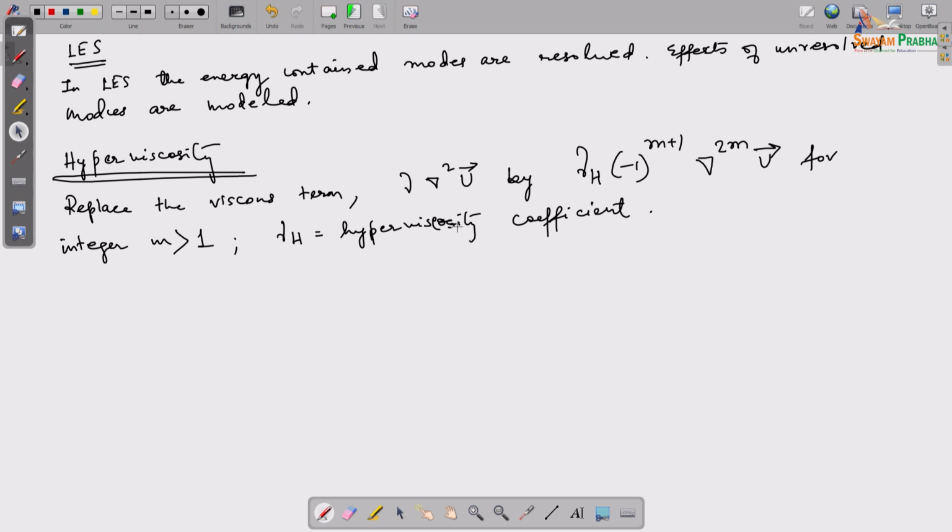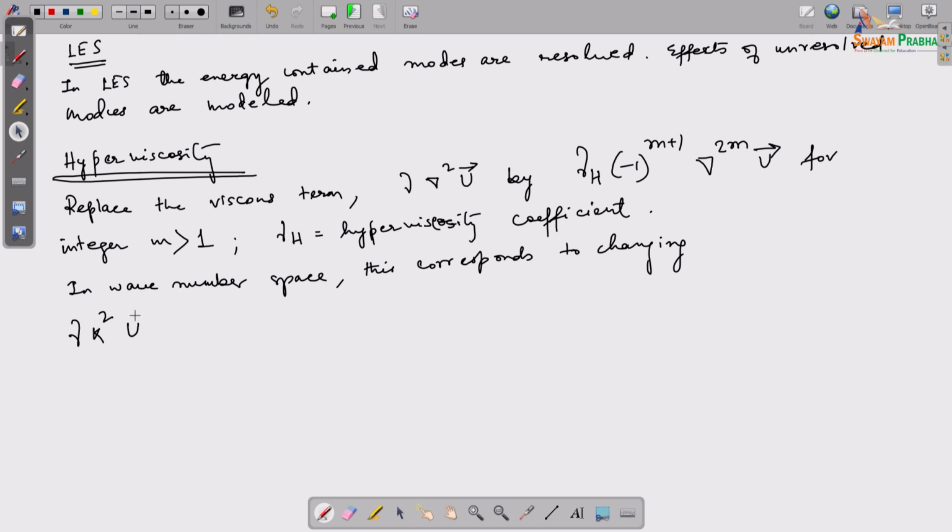Now, how is this helping us? What this is doing in wave number space corresponds to changing the dissipation term.